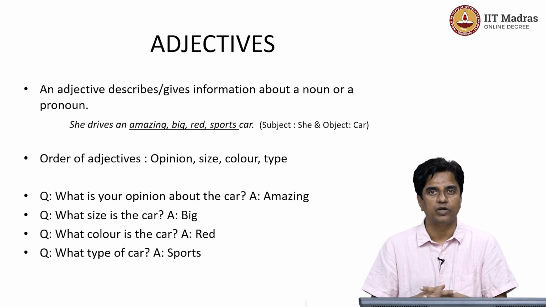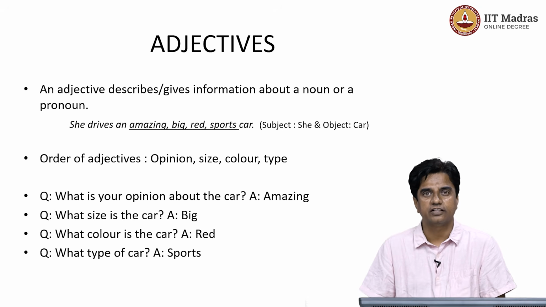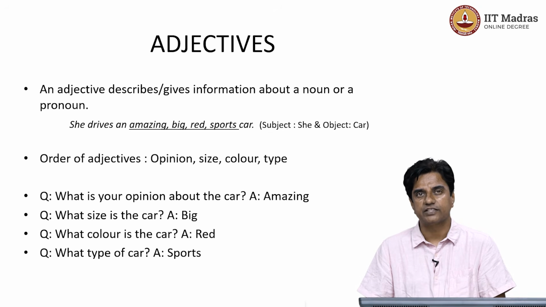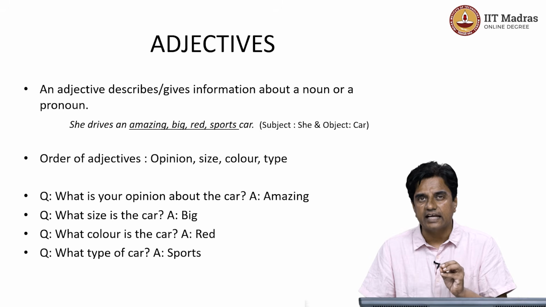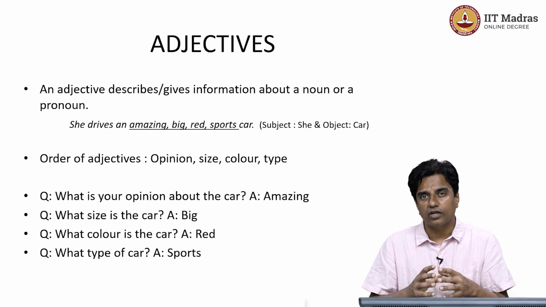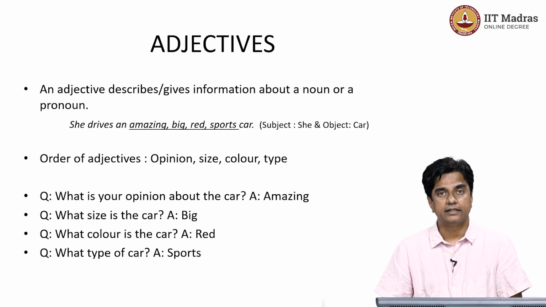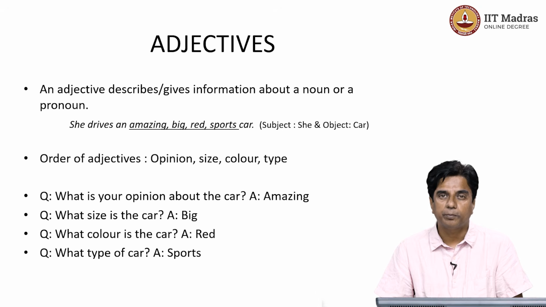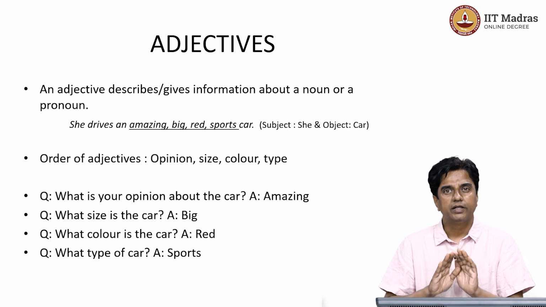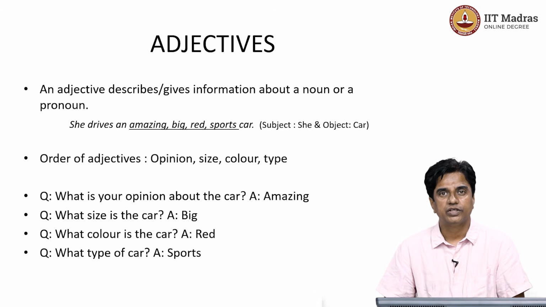It's a type of word which has a special distinction. An adjective is a word that describes, or we can say gives more information about, a noun or a pronoun. Please take a note.